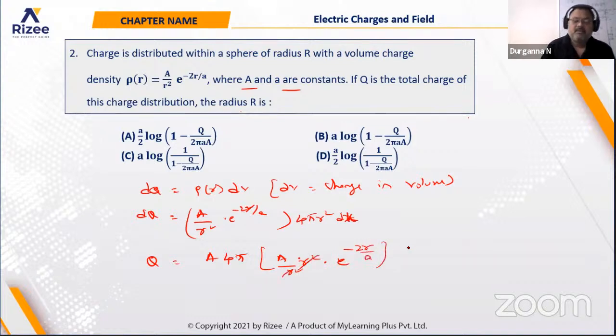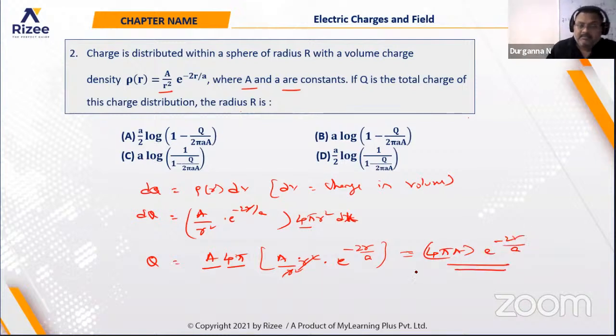Look here, A by r square and 4 pi r square, 4 pi also taken, r square gets cancelled. Then the remaining is 4 pi A into e to the power of minus 2r by a.